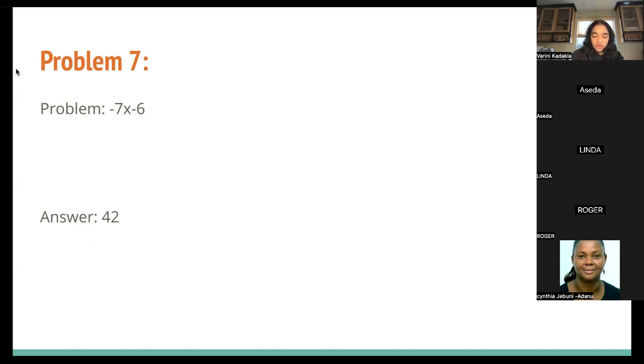First of all, let's note down the rule we use here: negative times negative equals positive. So we know our answer has to be positive. Now all that's left to do is compute what 7 times 6 is.